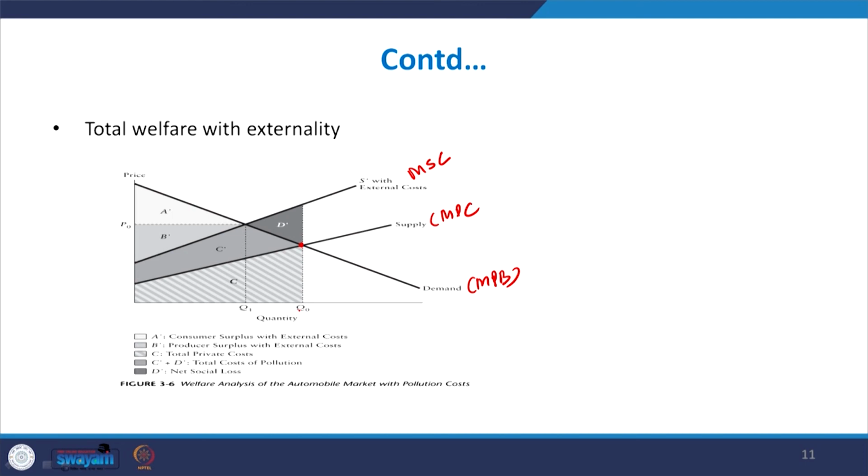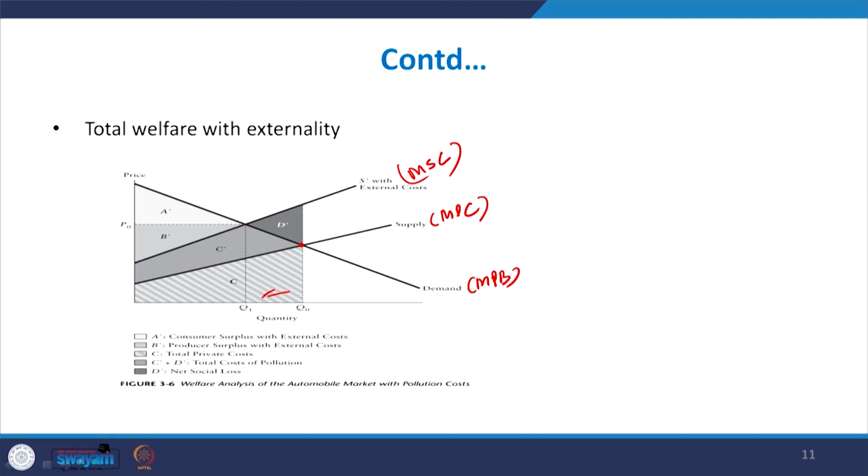But when the external cost is added to marginal private cost, we get marginal social cost, which intersects the existing demand curve or marginal private benefit curve at this point, and now price is higher and quantity is lower.